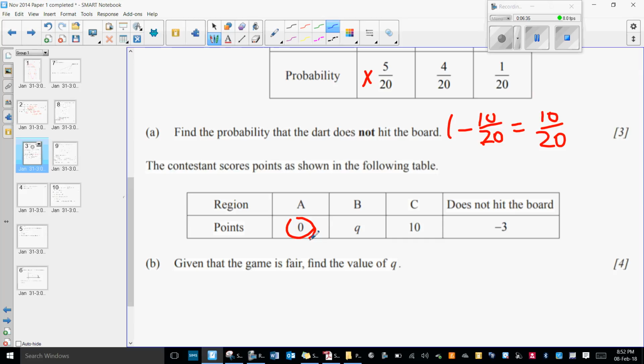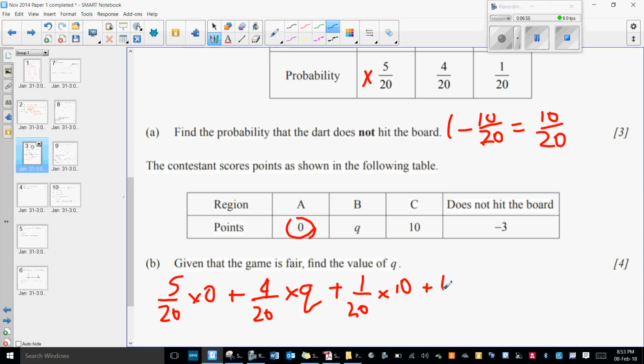So 5 over 20 times 0, plus 4 over 20 times Q, plus 1 over 20 times 10, plus 10 over 20 times negative 3 would equal 0 if it was fair.